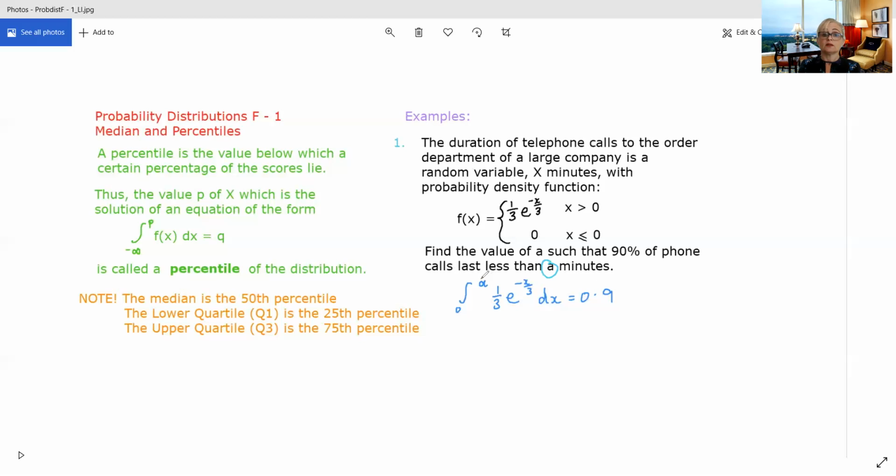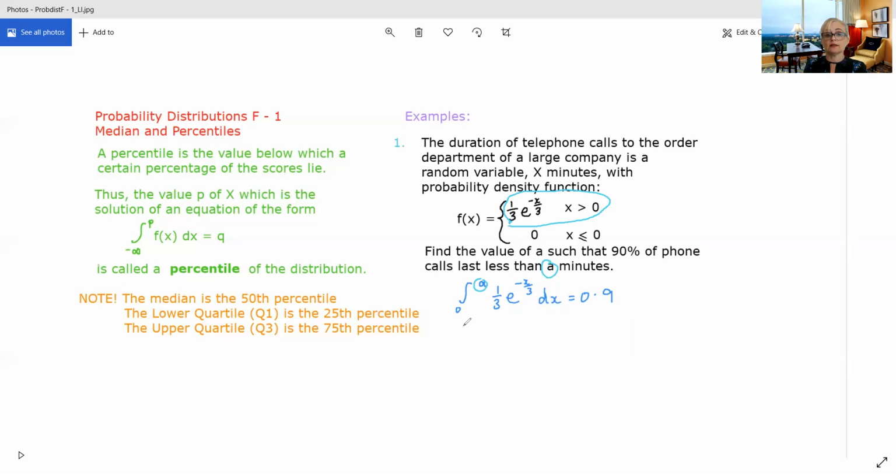Well, obviously the only section of the graph that we need to be concerned with is values of X above 0. So we're talking about from 0 to a of this function integrated is going to give us 0.9 as our probability. Let's go ahead and work out what this integral is. So it's a third.